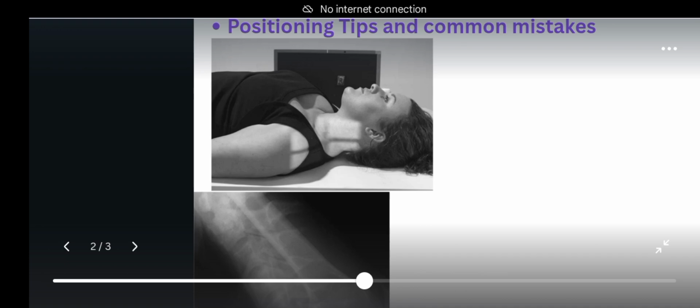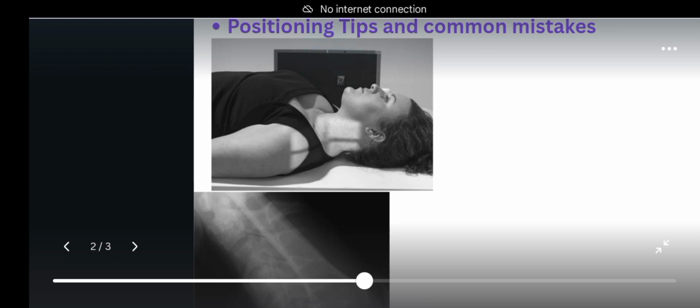How is the positioning done? The patient may be positioned right side or left, but the main thing is that the patient's mid-sagittal plane, the line that divides the patient into left and right at the midsection, should be parallel to the image receptor.